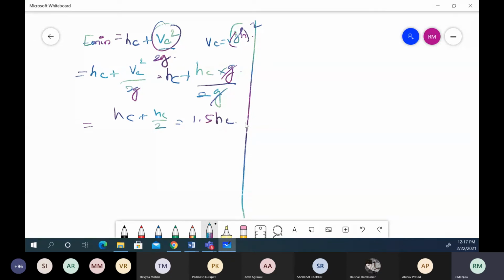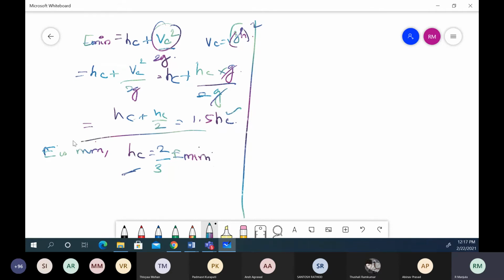Or I can say, when the specific energy is minimum, Hc is equal to 2 by 3 of E minimum, isn't it? So your critical depth is 2/3 of E minimum, because it is 3 by 2 and it is coming on the other side.